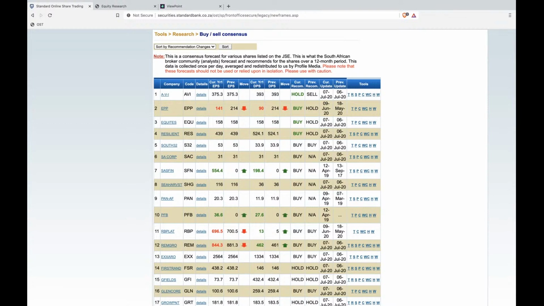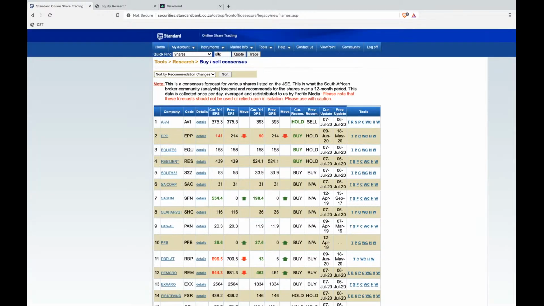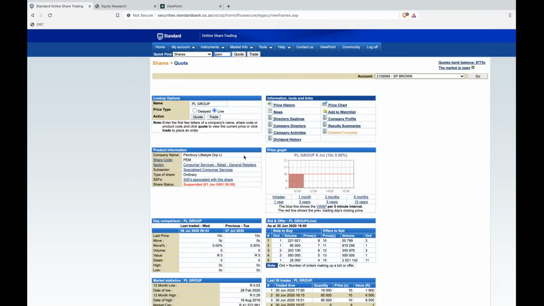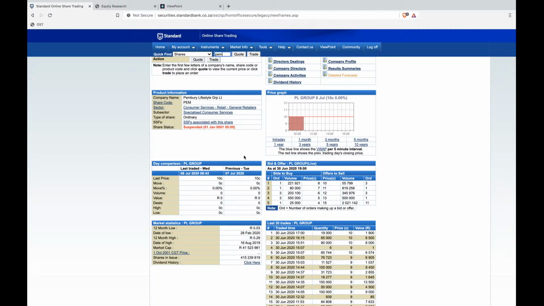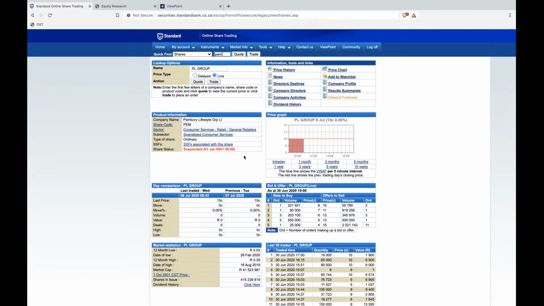My view on Pembury, PGL Group. I'm assuming you're talking about Pembury. I wouldn't touch it if you paid me. They've got all sorts of issues. The share, is it still trading? Oh no, the share has been suspended again.